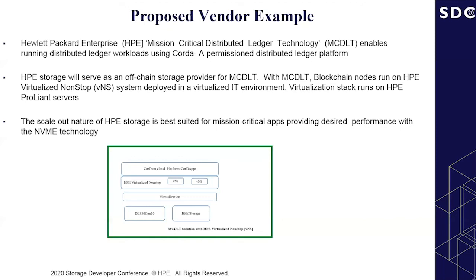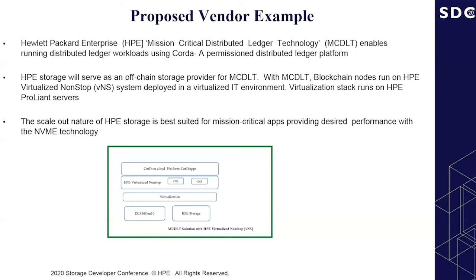The cloud here is built using HPE ProLiant servers connected over a high-speed fabric. This fabric is built using HPE InfiniBand NICs in the servers connected to the FlexFabric switch. The solution is built using Corda Enterprise, a permissioned distributed ledger platform, and the NonStop virtual machines are deployed over the IaaS to form a complete NonStop system.